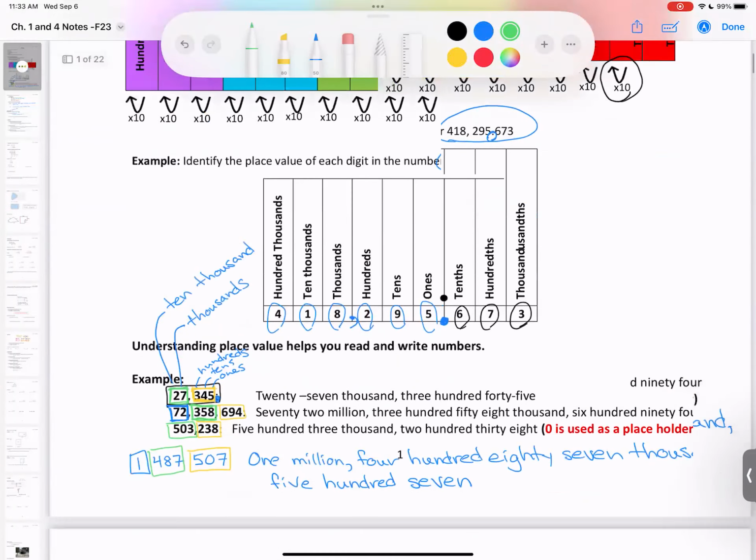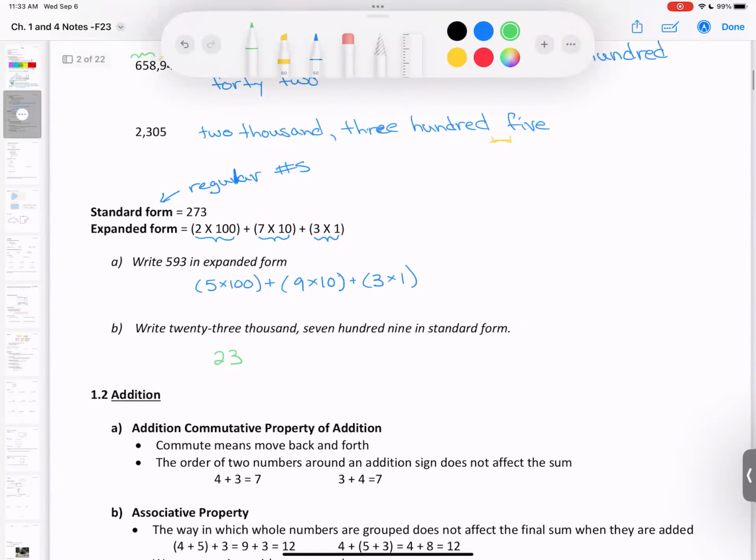Then we have the yellow, which is our ones. And we have 709 of those. So we have 700. Here we don't have a tens group, so we just use a 0 to hold that place to show there's 0 groups of 10 in this, plus another 9. So our number would be 23,709. Now it's written in standard form.